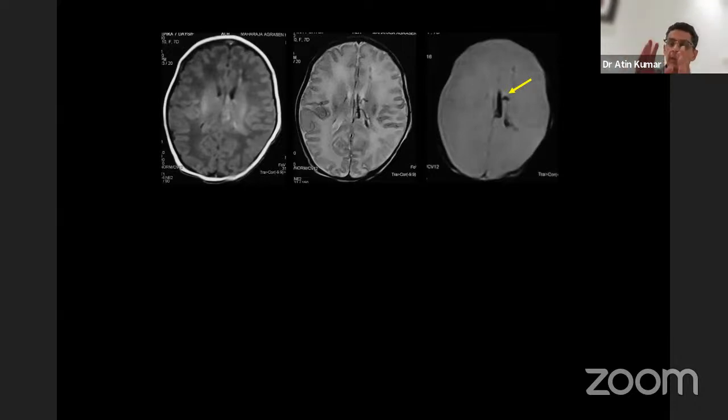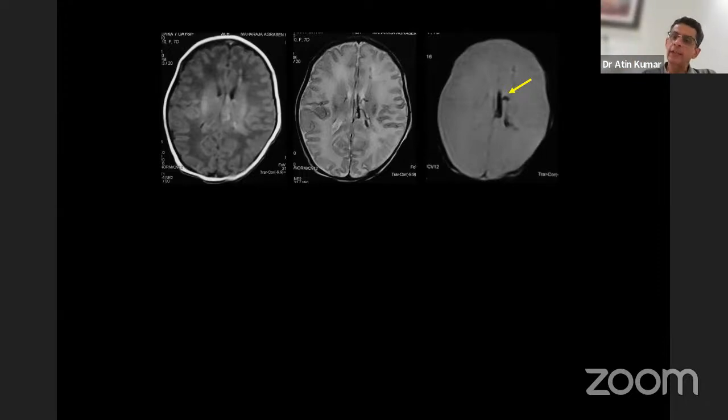On MR, the advantage is even if it is a remote bleed, because once there is blood, it leads on to ultimately hemosiderin formation. Hemosiderin can be picked up on MR at any point of time because of the macrophages. They engulf the hemosiderin, they remain there with the hemosiderin in situ, and MR can detect hemosiderin anytime.